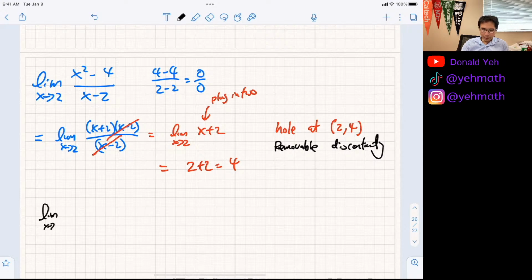The second case: what if I flip this over? Does anybody know what this graph looks like without graphing it? x minus 2 over x squared minus 4. What will this graph look like?